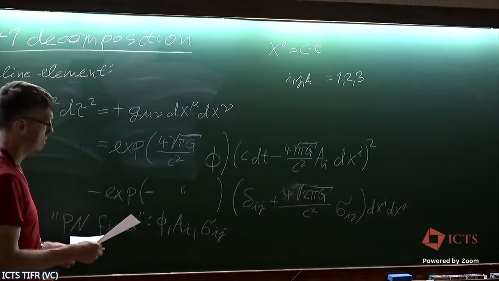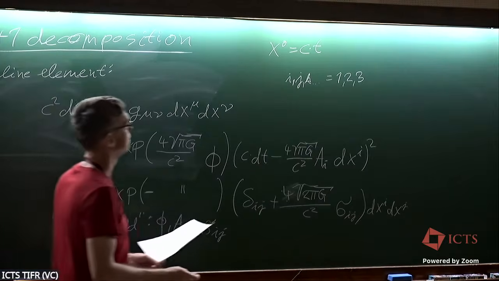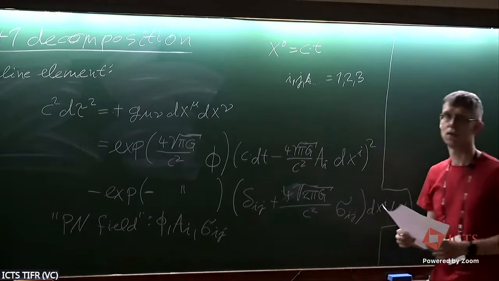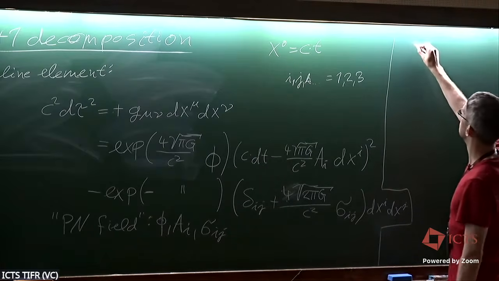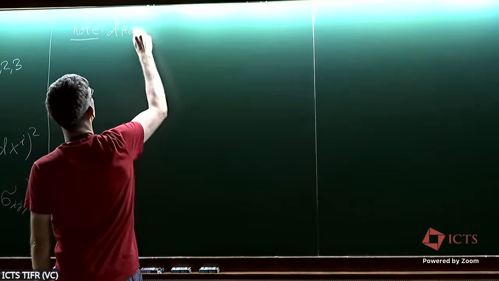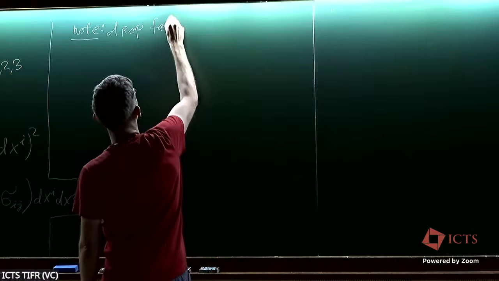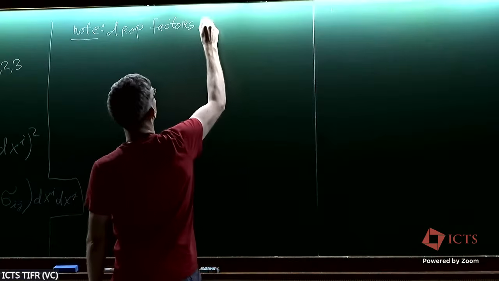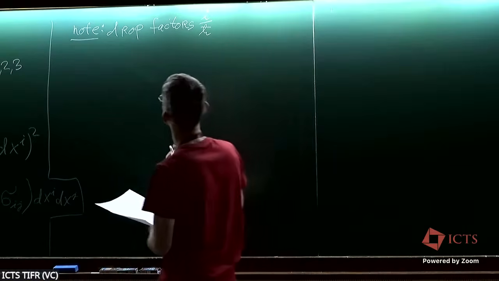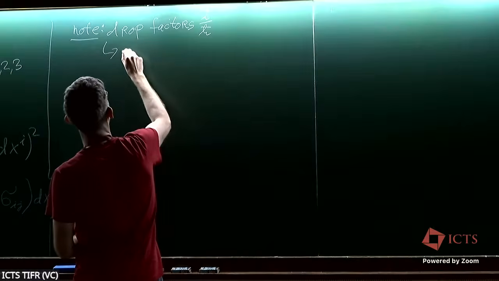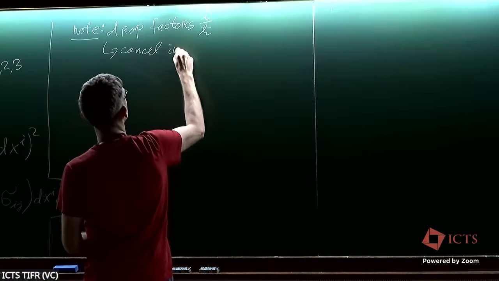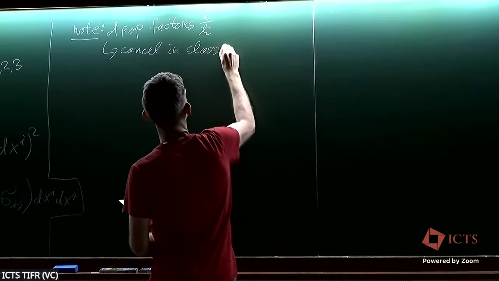Now, another thing that we'll do from now on is the following. We'll drop the factors of i divided by h bar, because they cancel in the classical action anyway.